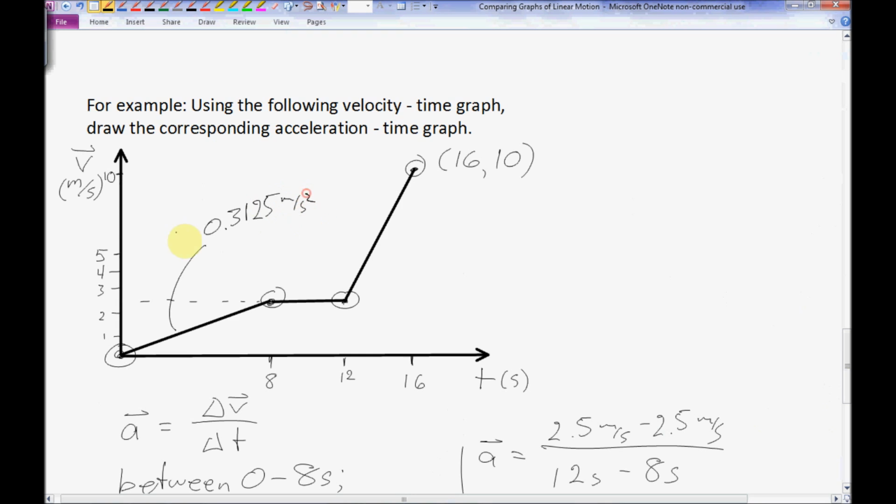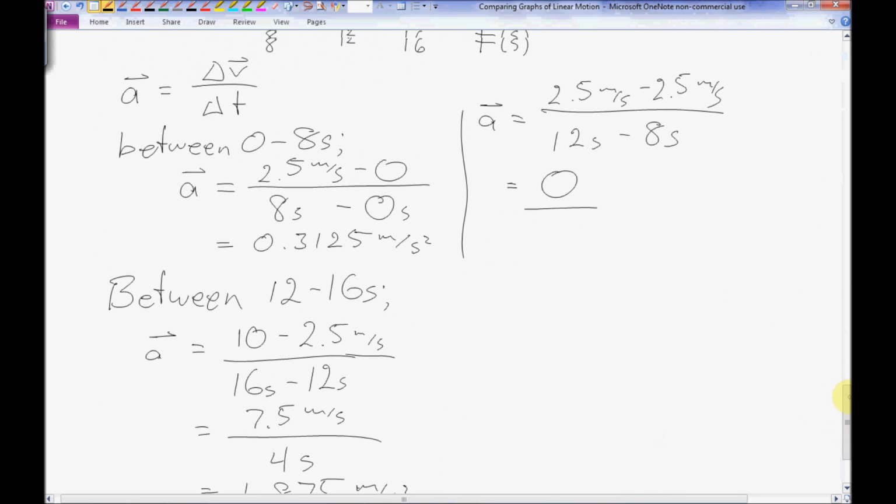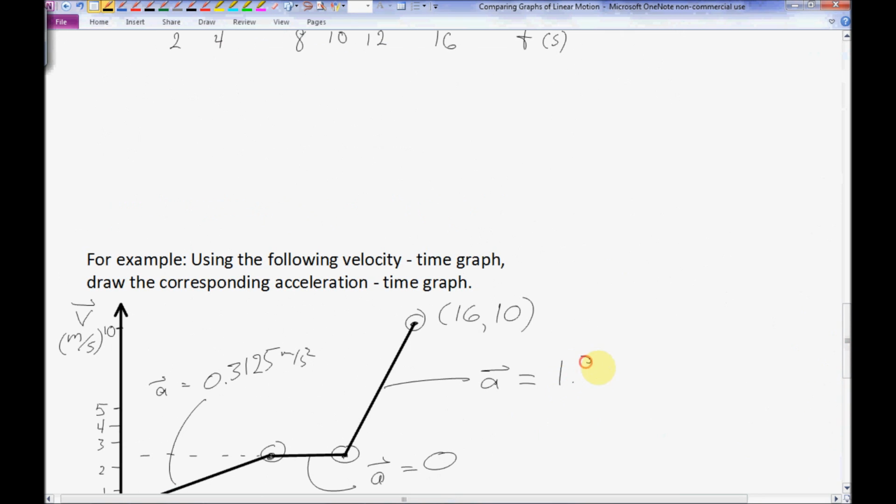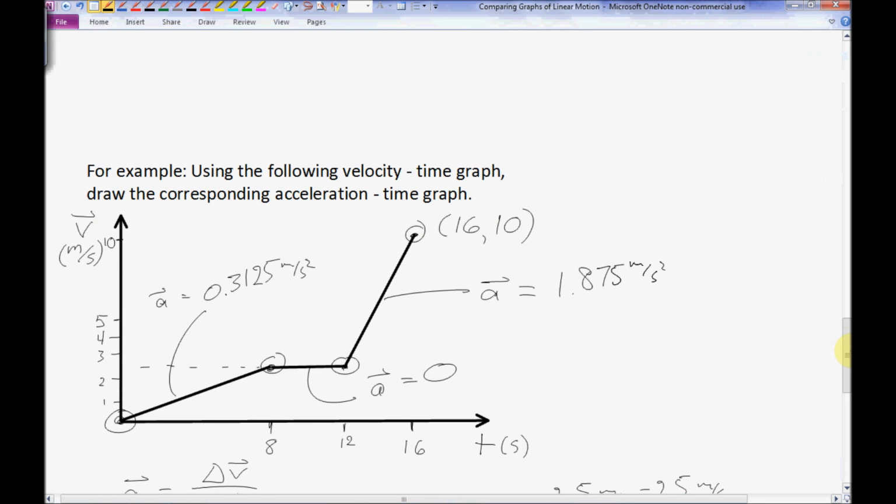In this stage, our acceleration is 0. And in this stage, our acceleration is 1.875. So we can use that information now to plot an acceleration time graph.